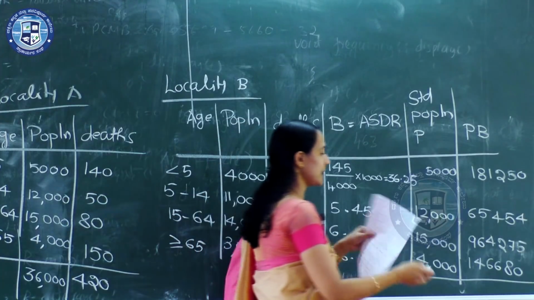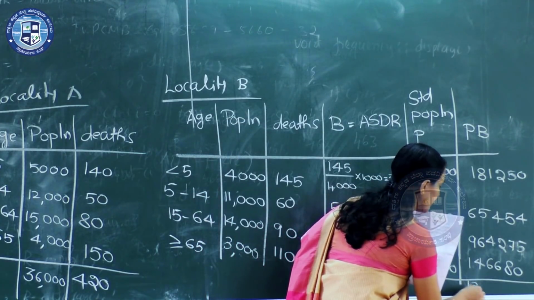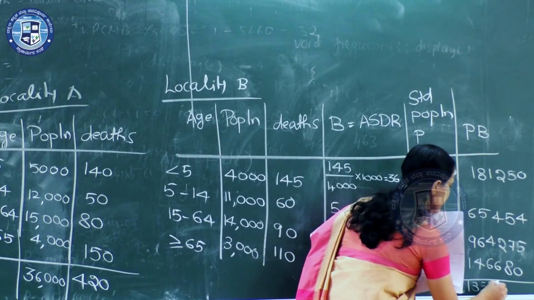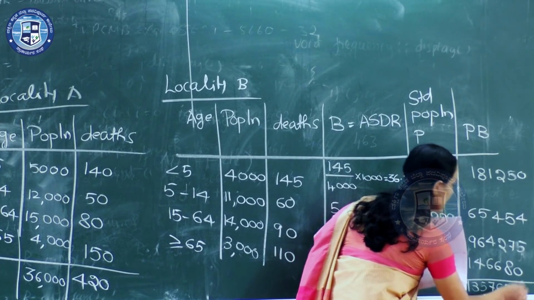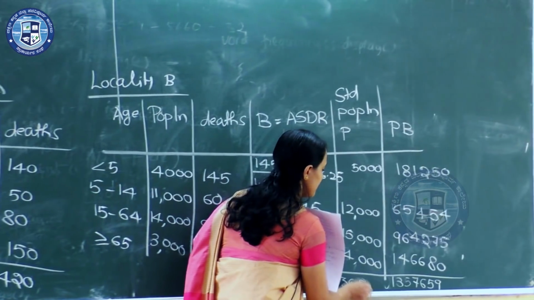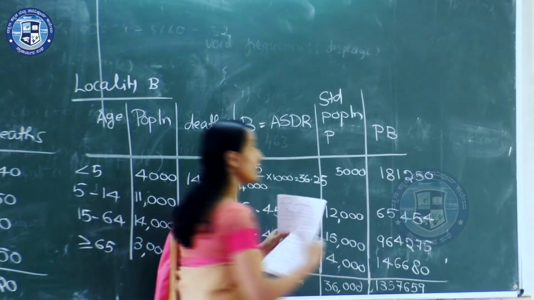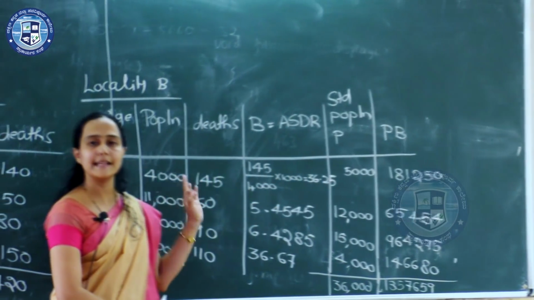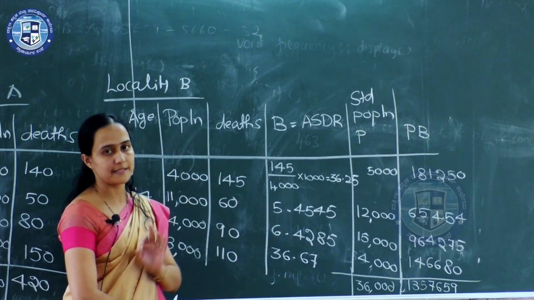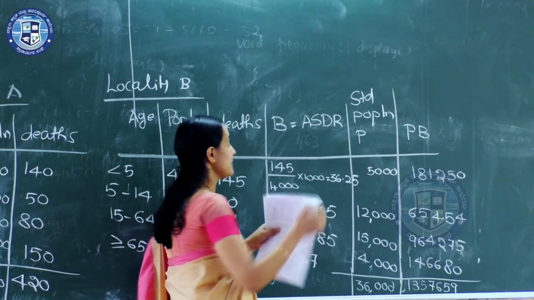Sigma PB total is 1357659 and this total is 36,000. See, remember one thing, we computed ASDR here, we have to write the formula of age specific death rate. ASDR, what is the formula?